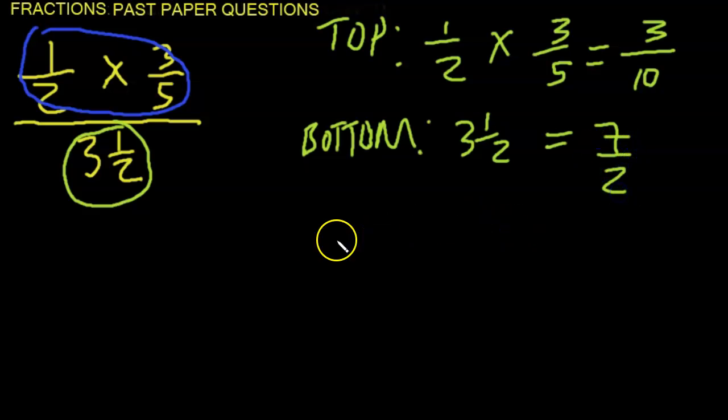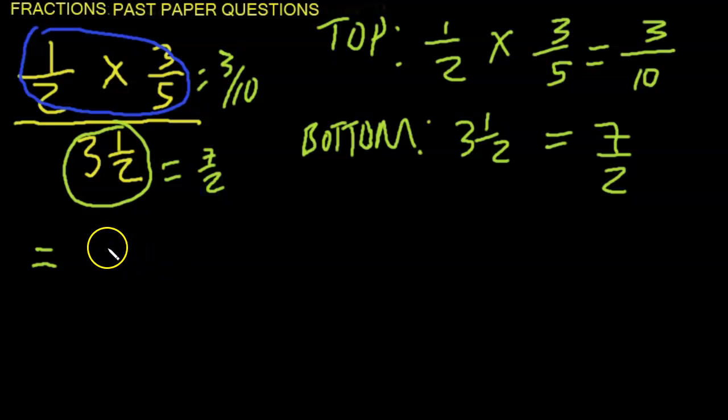So the top works out to be 3 over 10, and this part worked out to be 7 over 2.